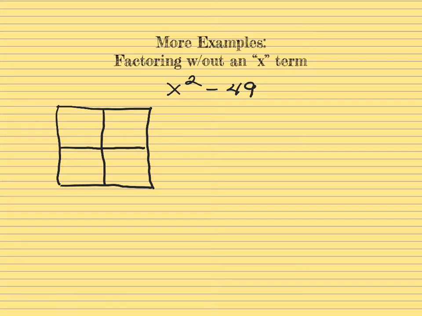We're going to place our first term and our last term. We're going to take a look at the product of our diagonal, which is a negative 49x squared.